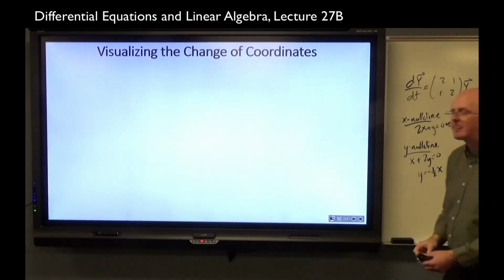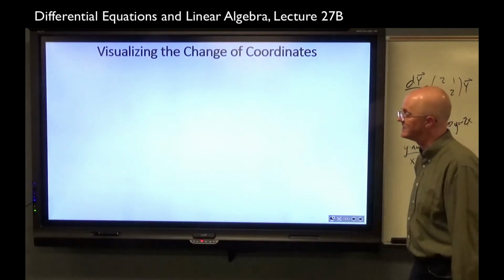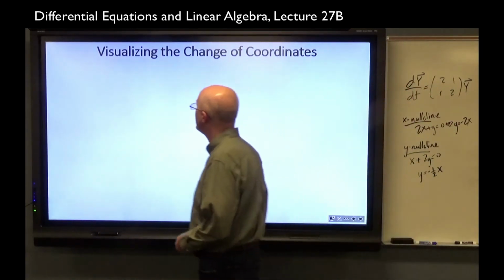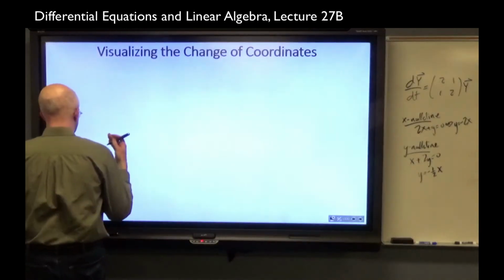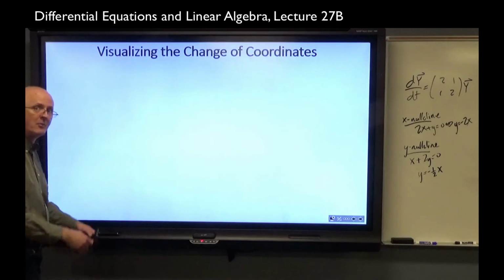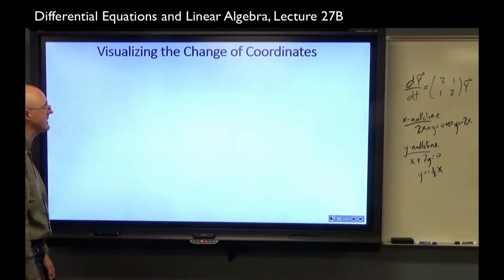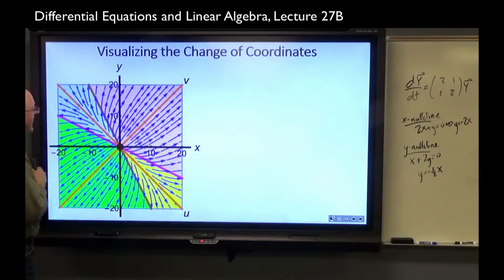They're reflections of each other across a line through the origin of slope negative 1. You can use those to help you draw it if you were trying to do it by hand. Again, the eigenvalues are 1 and 3. They are positive, so the origin is a source. You could draw the eigenvectors in here. I do. In orange, I've drawn the eigenspaces, which are parallel to the eigenvectors.